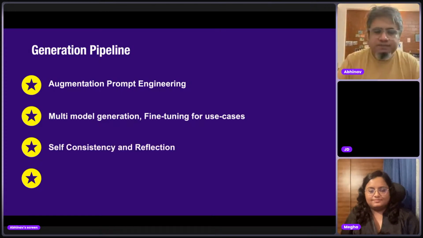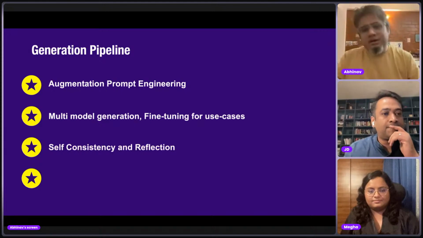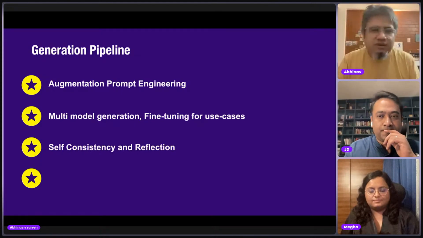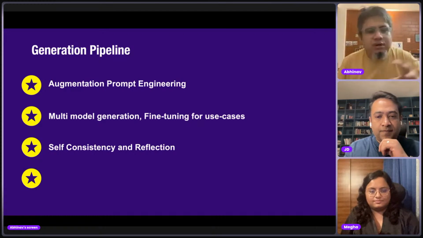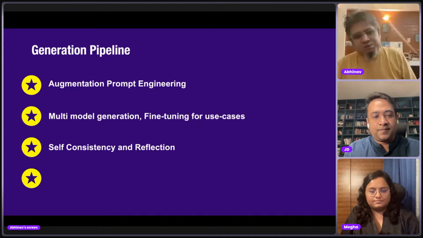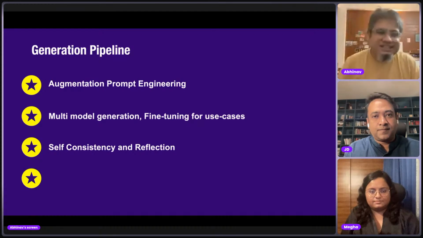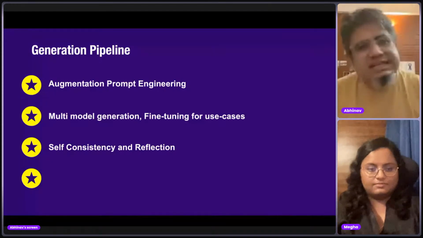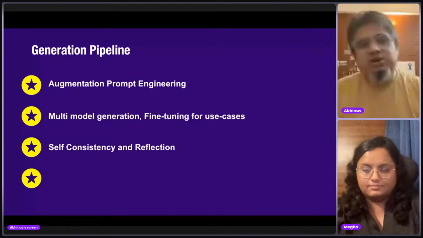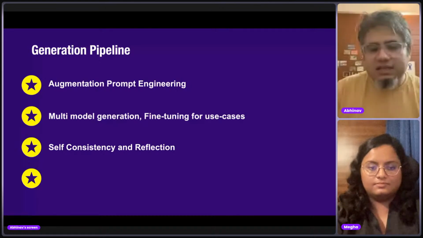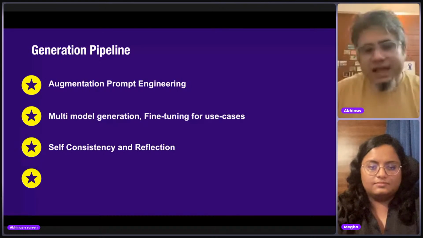Even after a response is generated, for example, a blog is generated, how do we ensure that it has actually followed the input that was provided, and it is not generating something that is not useful? We follow the approaches of self consistency and reflection to ensure that the final piece of content that you get is of high quality and does not have irrelevant pieces of text.